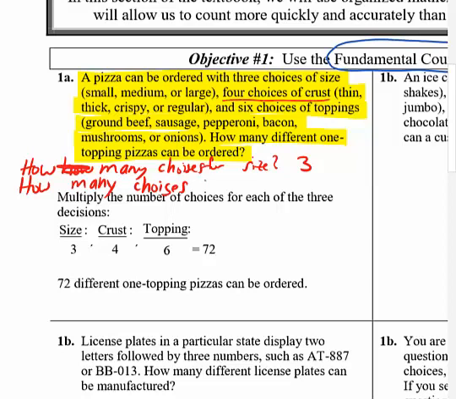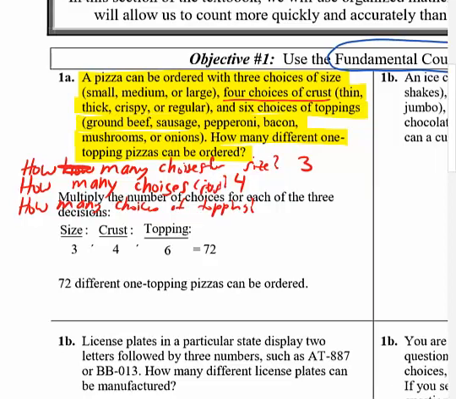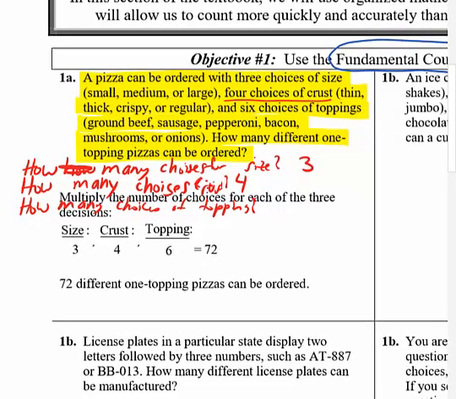There are 4 types of crust. And the last choice was how many choices of topping. So size, crust, and topping. There were 3, 4, and 6 choices for each of those.